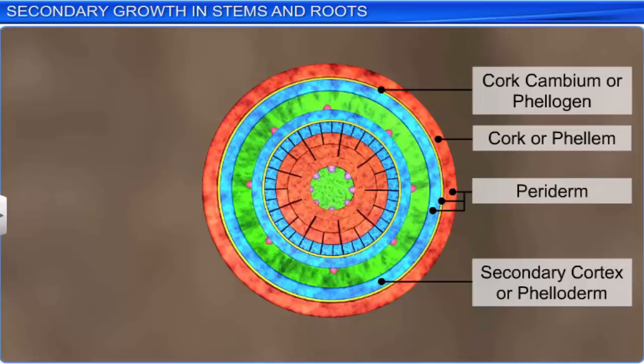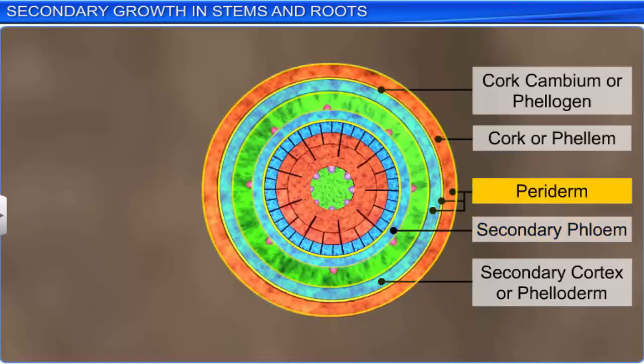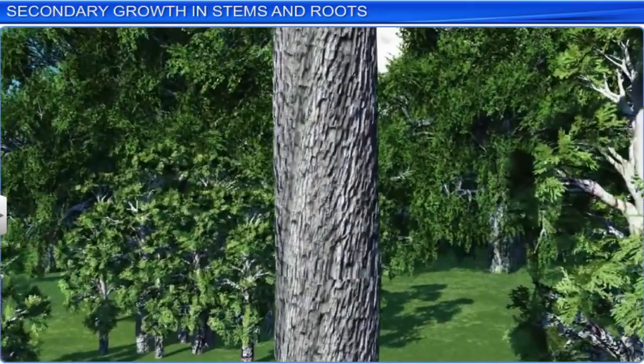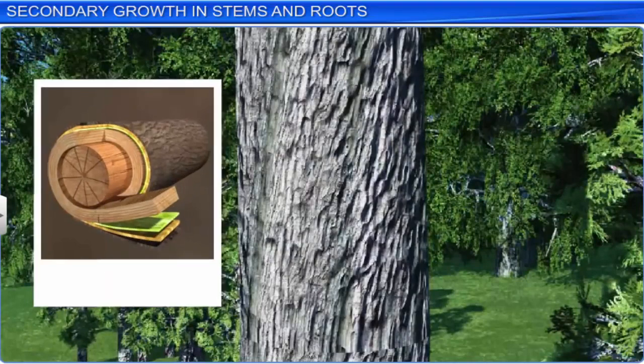Tissues outside the vascular cambium, which includes the secondary phloem and periderm, are typically known as bark. Bark forms the outermost layer of the stem and roots of woody plants.